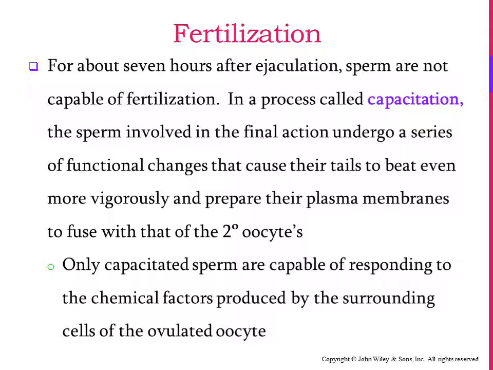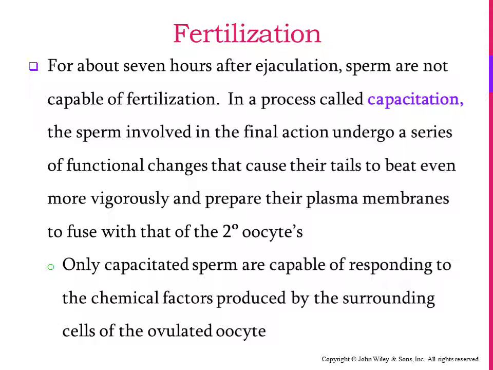So as several sperm reach the secondary oocyte, they are attracted to it and begin to release their acrosomal enzymes, breaking down the layers around the secondary oocyte, and one sperm can reach the plasma membrane of the secondary oocyte after moving through the corona radiata and the zona pellucida.